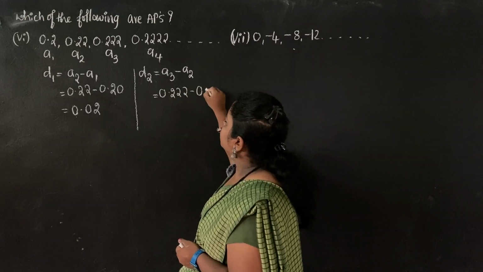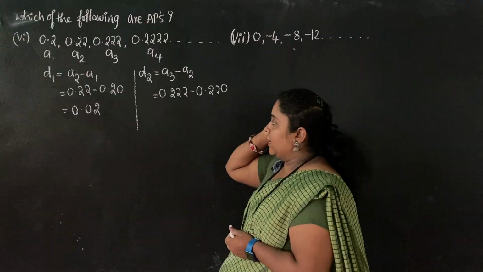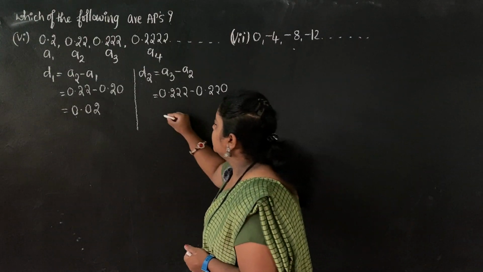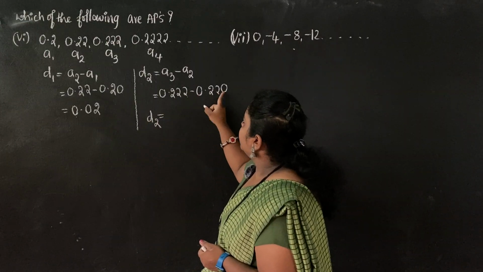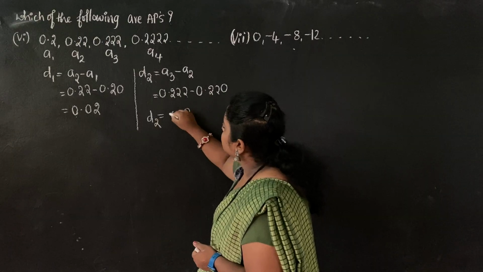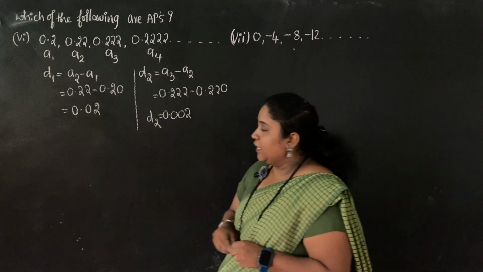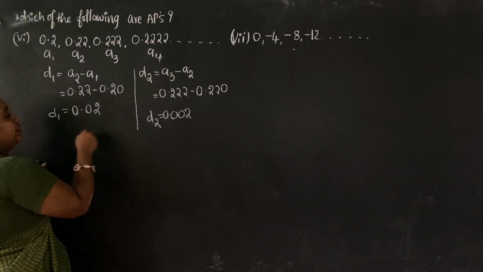A2 is 0.22, which means I can write a 0 here. If I subtract, I'm going to get D2 as 2 minus 0, 2, 2 minus 2, 0, 2 minus 2, 0, 0.0.